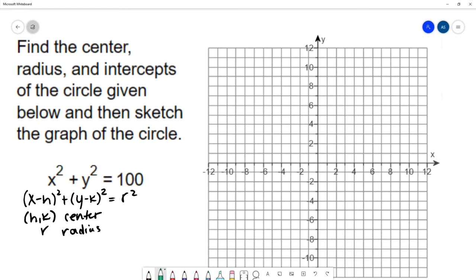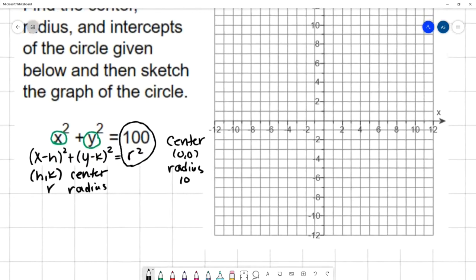So you can see that since there is no number added or subtracted to the x's and y's, our center is 0, 0. And because the radius squared is 100, we know that the radius is 10, the square root of 100.